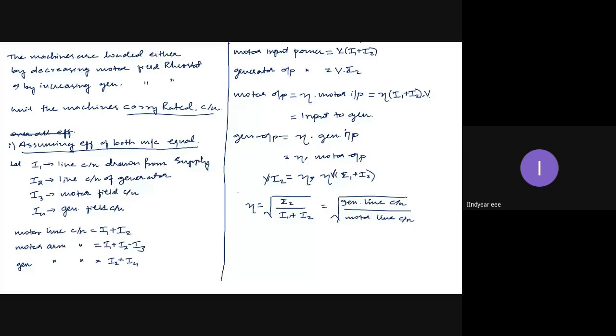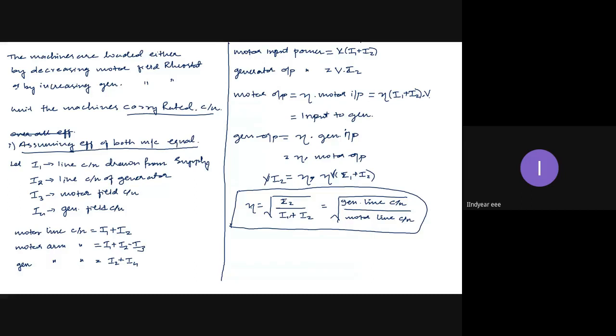This is the efficiency of each machine, because I have assumed the efficiencies of both machines are equal, which will not be possible practically. So this analysis is only theoretical. Practically, this is not fully valid, because both machine efficiencies cannot be equal.